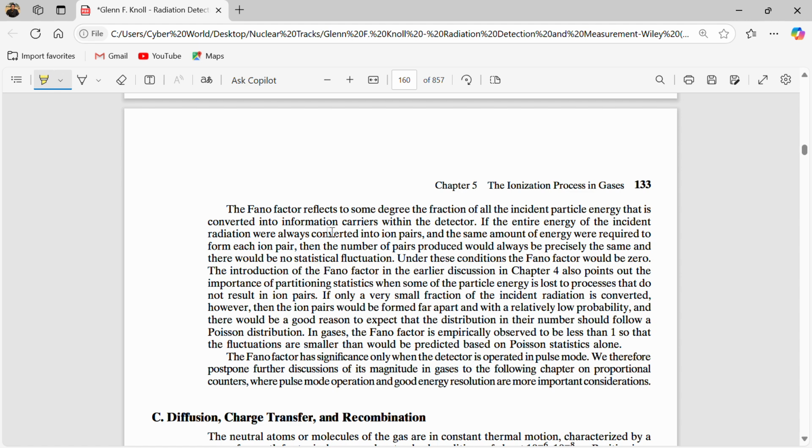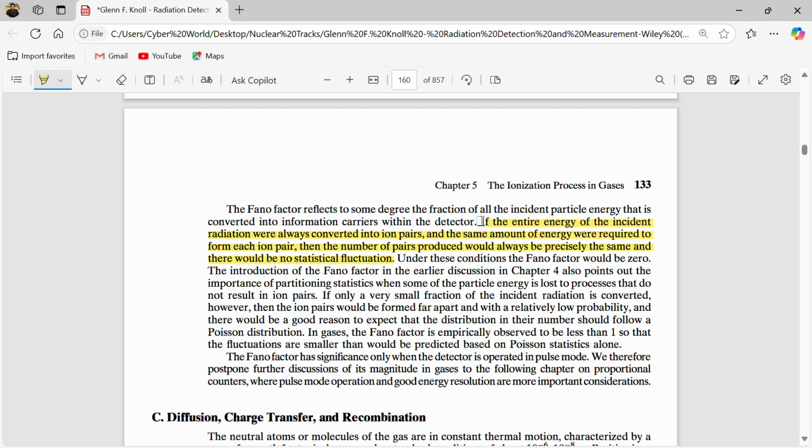So the Fano factor reflects to some degree the fraction of all the incident particle energy that is converted into the information carrier within the detector. If the entire energy of the incident radiation were always converted into ion pairs, meaning the incident particle completely distributed all its energy into the production of ion pairs, and the same amount of energy were required to form each ion pair, then the number of pairs produced would always be precisely the same and there would be no statistical fluctuation.